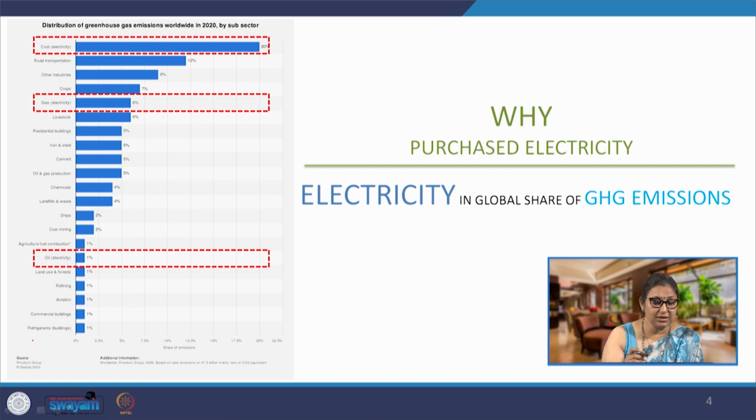So, electricity produced using coal plus electricity produced using gas and electricity produced using oil together is constituting around 25 to 30% of the total emissions of the world. And of this almost 25%, we are looking at almost 35 to 40% of this energy going into buildings only for creating comfort, and that is what we have been talking about.